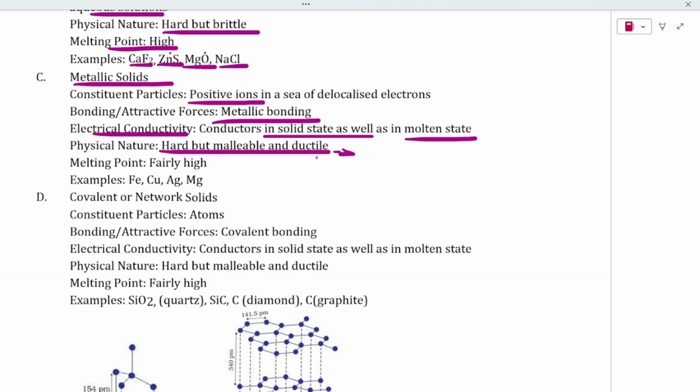And they are ductile also. Melting point is fairly high. Examples: Fe, that is iron, Cu, Ag, Mg. Ag is silver, and Cu is copper.